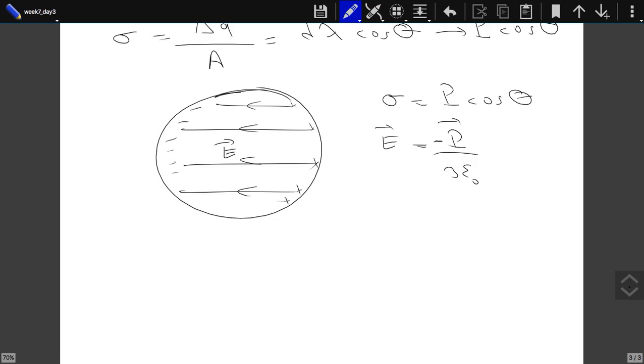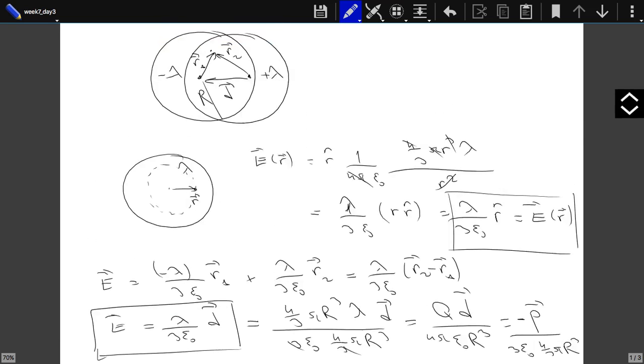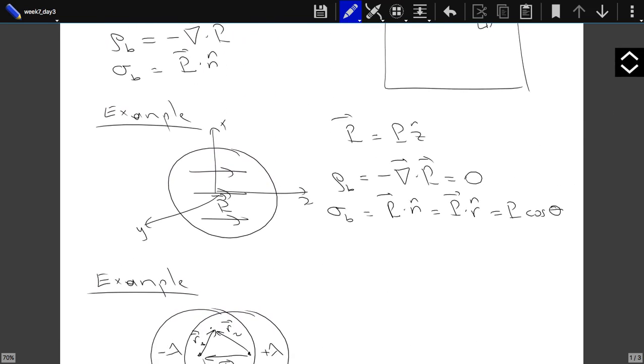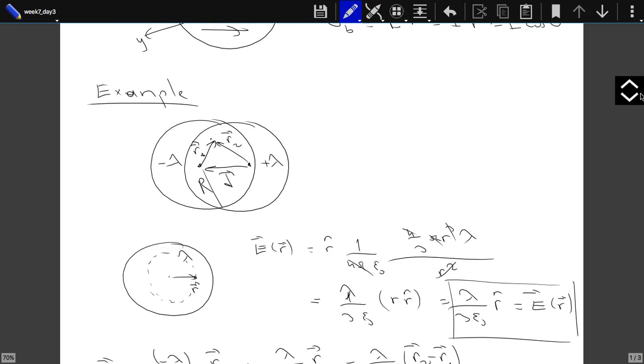So if we have a uniform polarization density, it corresponds to a surface charge density given by this for a sphere. Now, rather than writing this charge density in an integral and trying to evaluate the integral, we made an analogy. Well, if you are not following the calculations, don't worry that much.